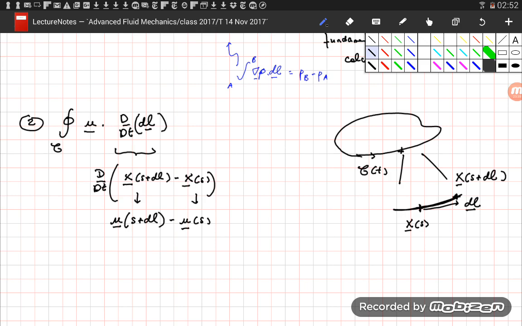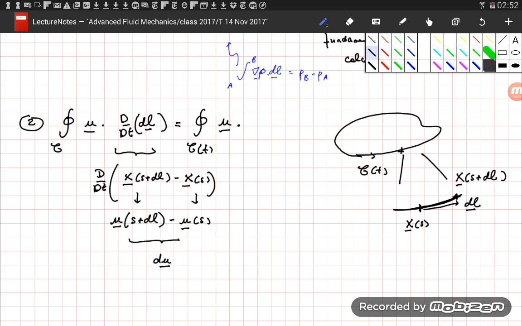So this is equal to the integral along the closed contour, which depends on t, of u dot d-u.